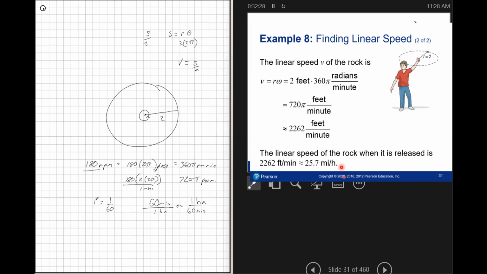Yeah, but since the minutes is in the denominator, and I would write it this way, per 1 minute. Since I want to get rid of the minutes and I want to put in the hours in the denominator, I'm going to multiply it by this fraction.